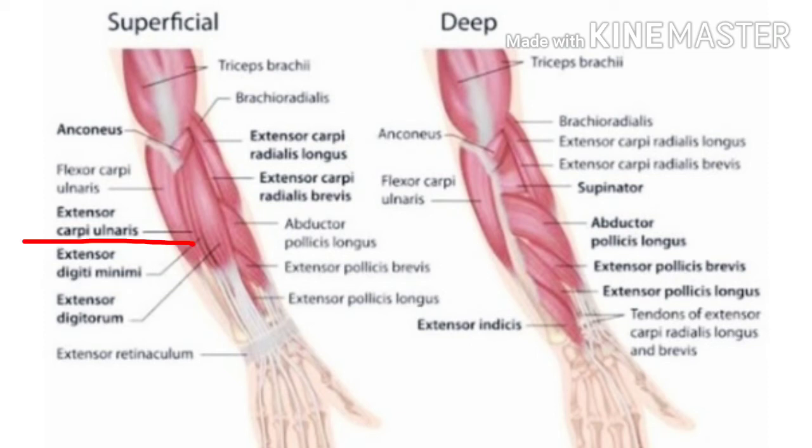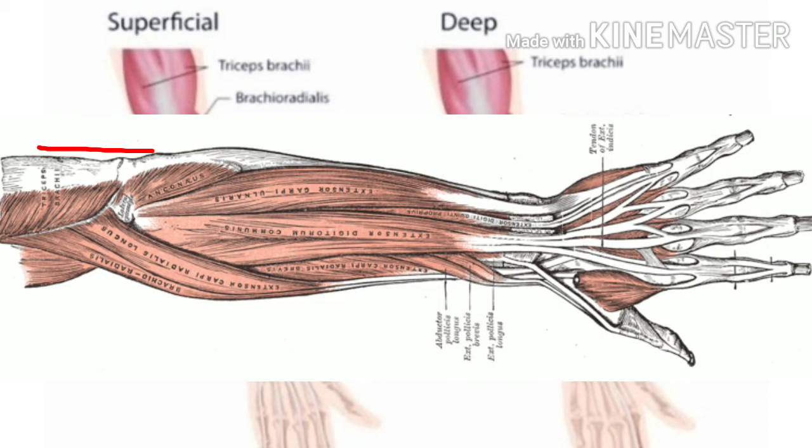Extensor carpi ulnaris is located on the medial aspect of the posterior forearm, and anconeus is situated medially and superiorly in the extensor of the forearm. It is blended with the fibers of the triceps brachii. It originates from the lateral epicondyle and attaches to the posterior and lateral part of the olecranon.